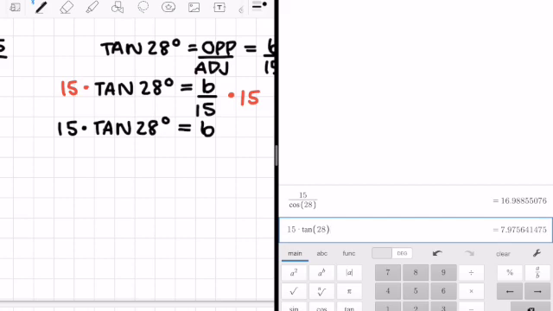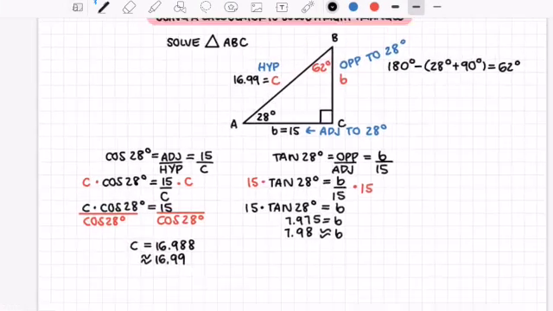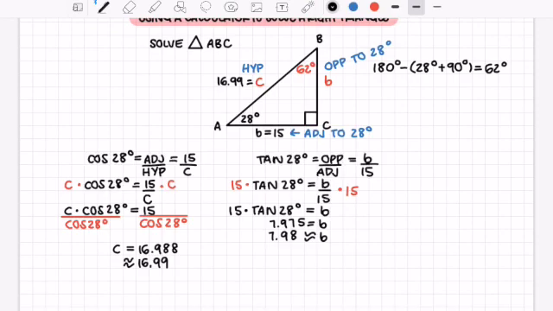We should get our length, which is b, equaling 7.975, and that rounds up to b equaling 7.98. So that would be my other length. So I now have the other length, which is 7.98. Cool.